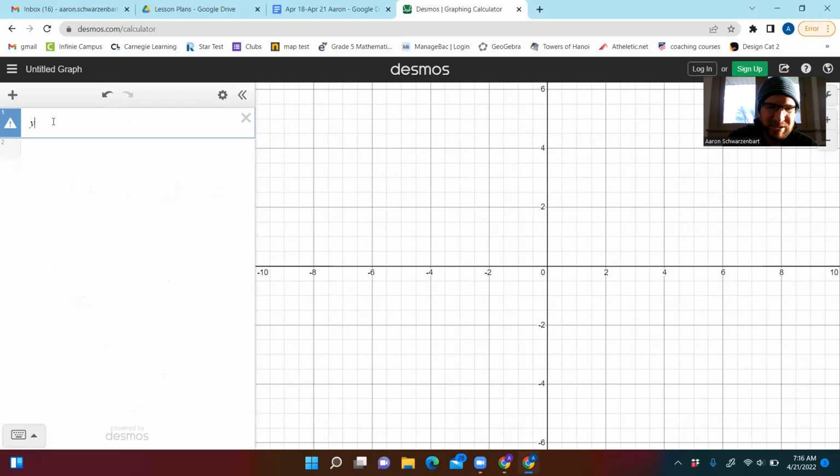Plug in our equation to Desmos. When using Desmos, the t's must become x's. I need my negative.